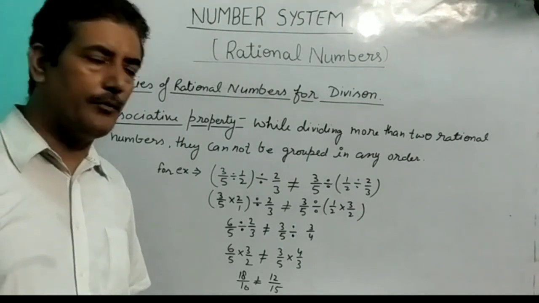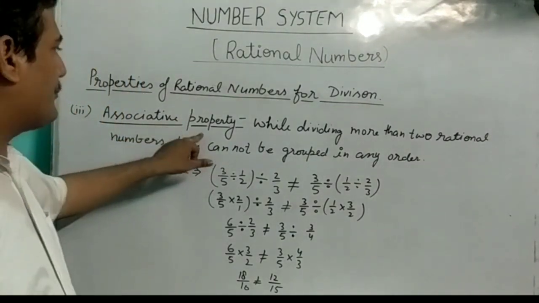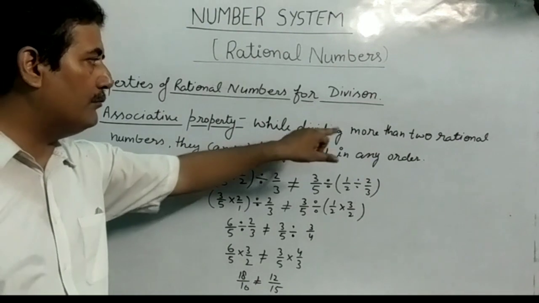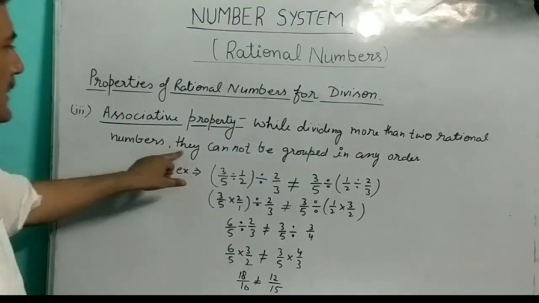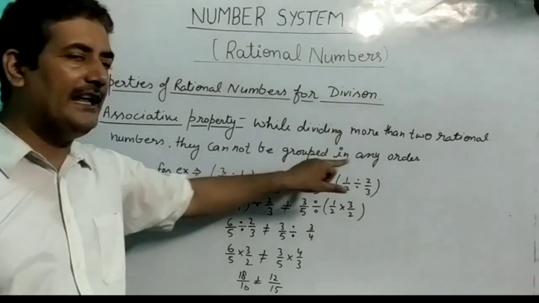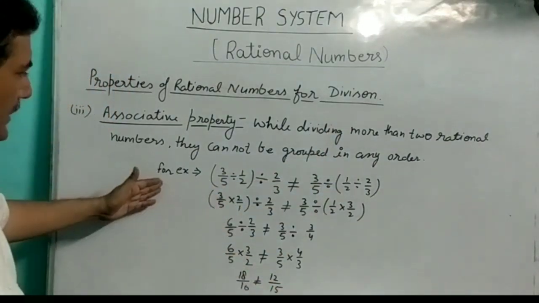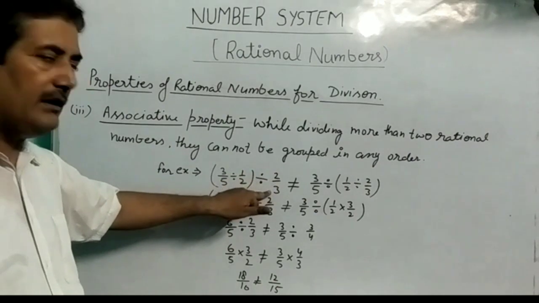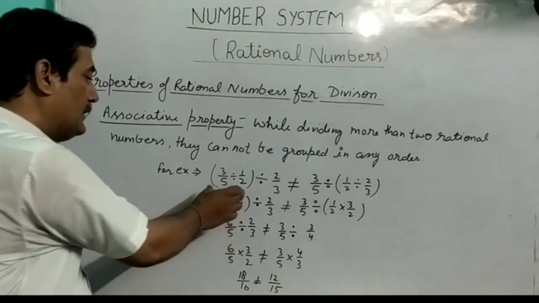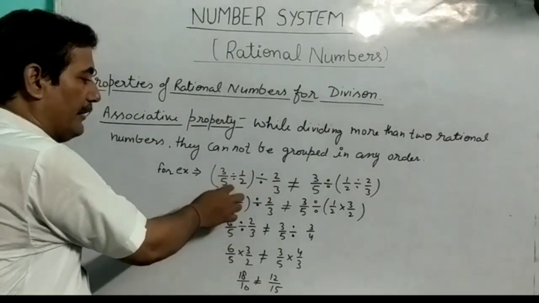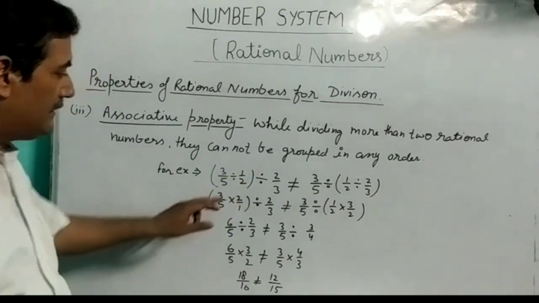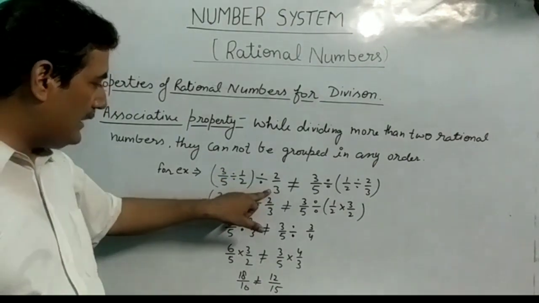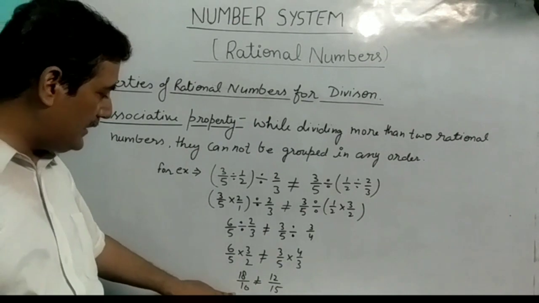The third property is the associative property. While dividing more than two rational numbers, they cannot be grouped in any order. For example, 3 by 5 divided by 1 by 2 divided by 2 by 3. Here we first group the two rational numbers 3 by 5 divided by 1 by 2, then the resultant answer is divided by 2 by 3 and the answer is 18 by 10.